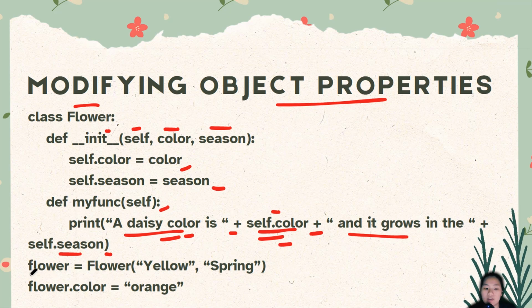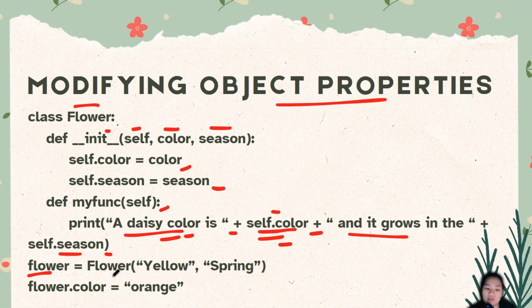Now, I have another variable, flower. Looking at the case, this is completely different from the class Flower, and I passed in yellow for the self.color and spring for the season. Now, let's say, what if I don't want yellow anymore?